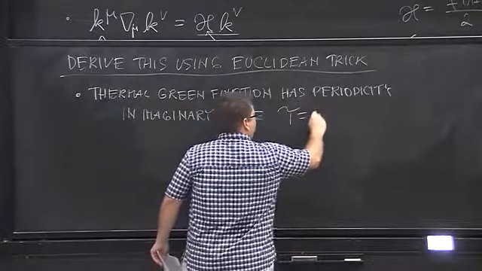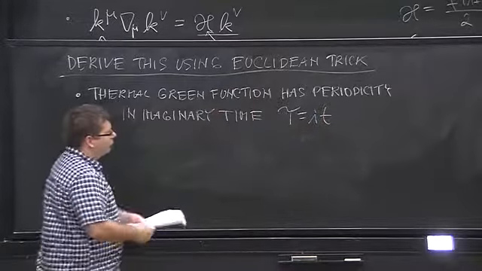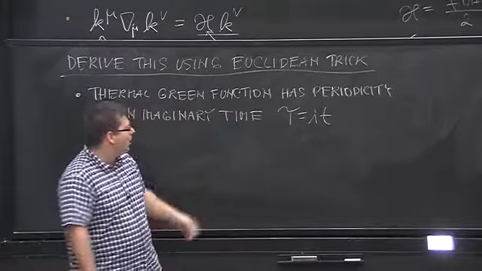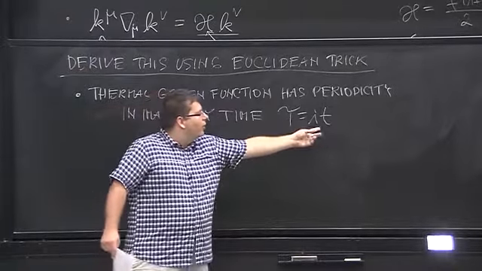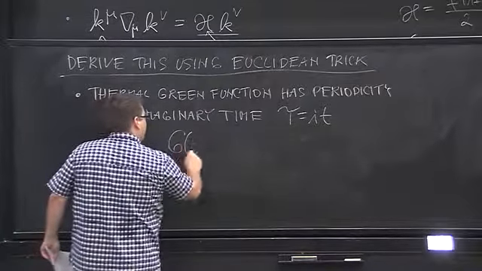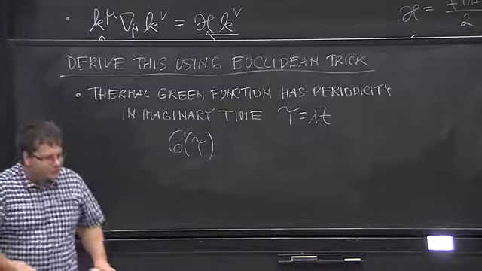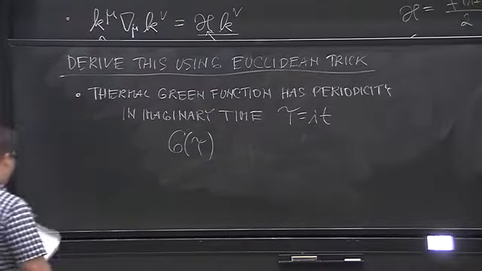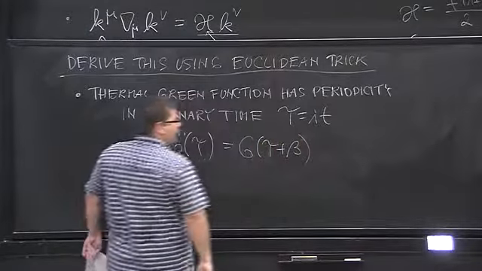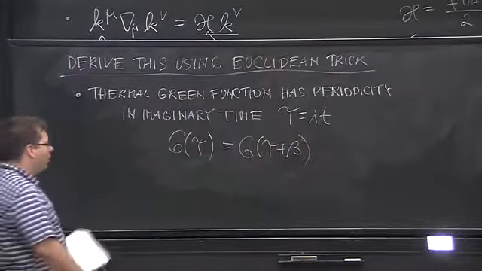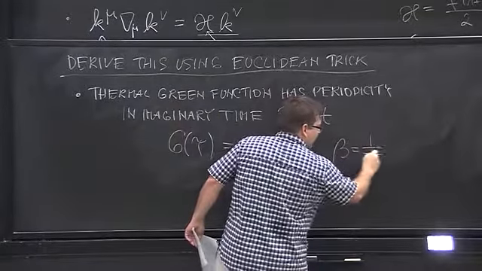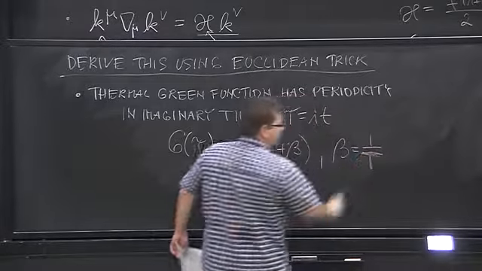And so, okay. So this is your original time, and so the prescription is that now you Wick rotate your time and form this quantity tau. And then the observation is that if you take a Green function for a thermal system, it will have the periodicity in this imaginary time tau, and this periodicity beta is precisely related to the temperature of the system.